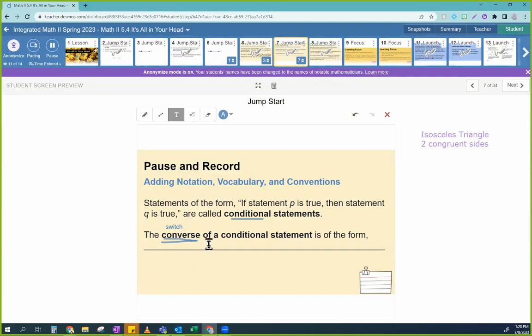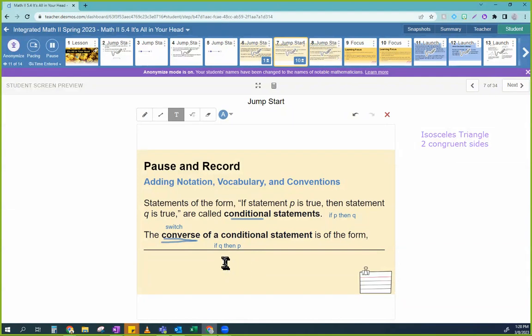So the converse of a conditional statement is of the form, and I'm going to type this out for you, if Q, I'll do lowercase q, then P. Do you see how I switched P and Q? So conditional statement, this guy says, if P, then Q. The converse of that statement is if Q, then P.